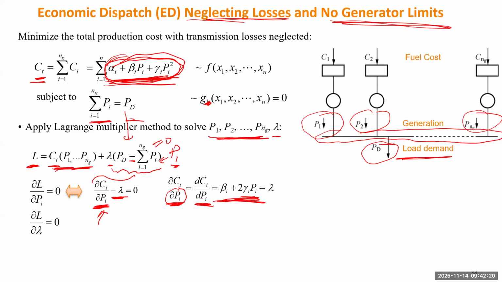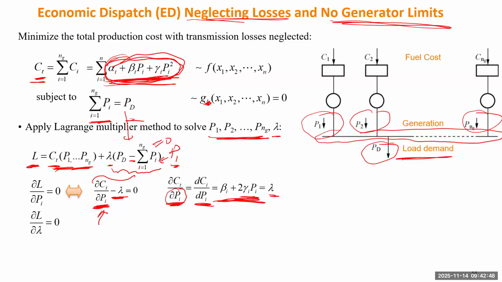The first type of zero gradient vector elements means the derivative of each cost, each power plant cost, with respect to the power plant output needs to be exactly lambda. And that is the same lambda for every power plant.